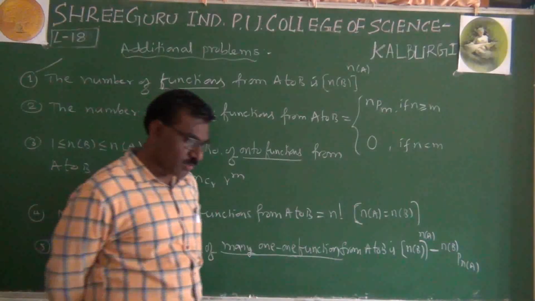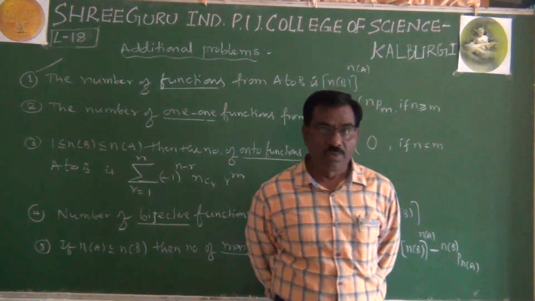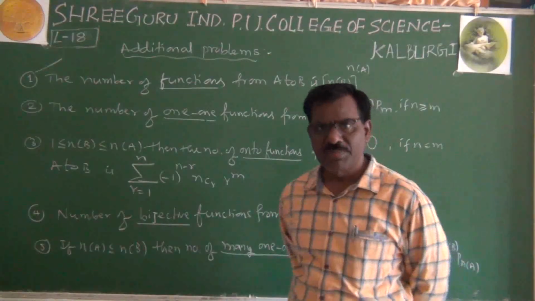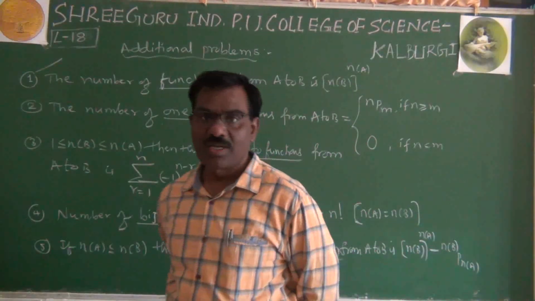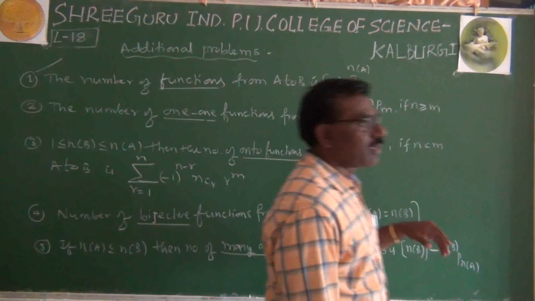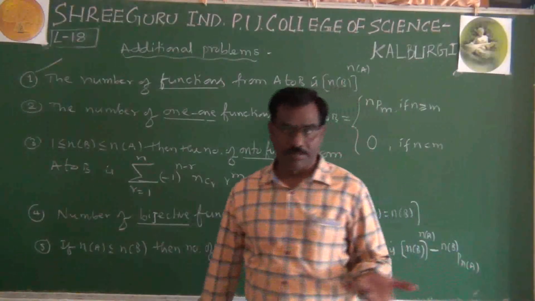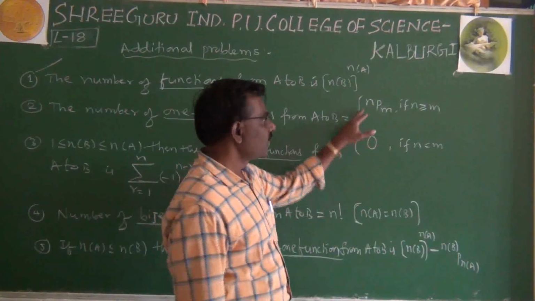What is the 1-1 function from set A to set B? nPm. What is nPm? In nPm, n must be greater than m. So if n is less than m, it is not defined, so the answer is 0.